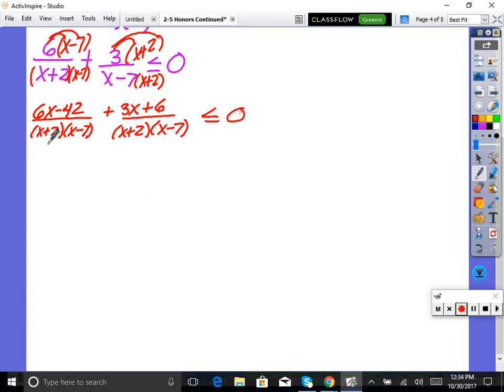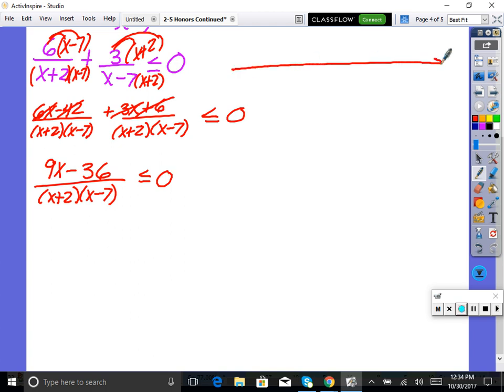Then you'd say, I have a common denominator, so now I can combine the numerator. So that would be 9x minus 36 all over x plus 2 and x minus 7. Now, once again, we need to figure out what intervals we should test here so we know what's definitely not in our domain.